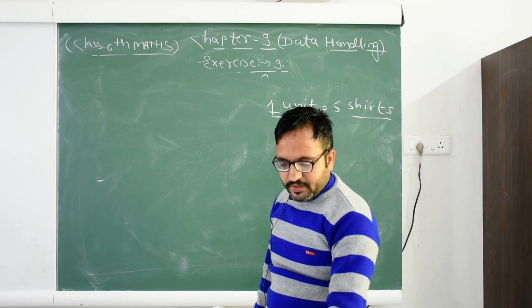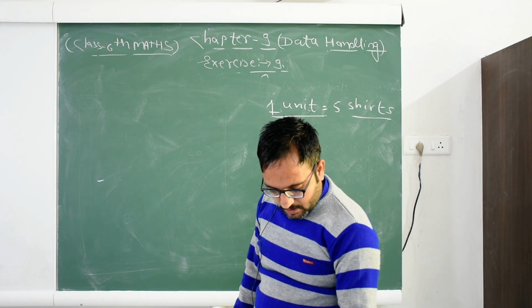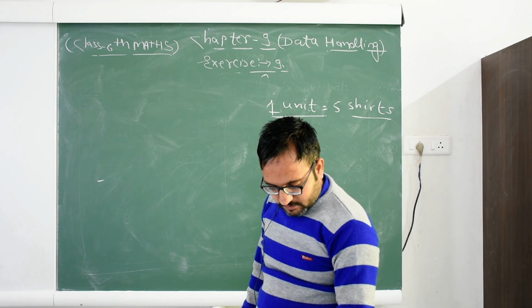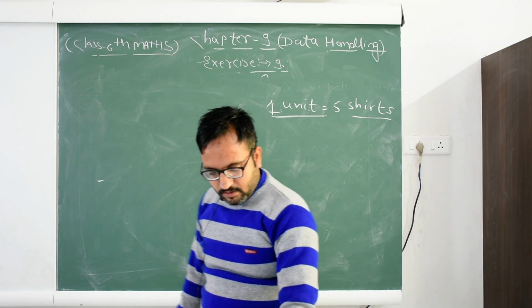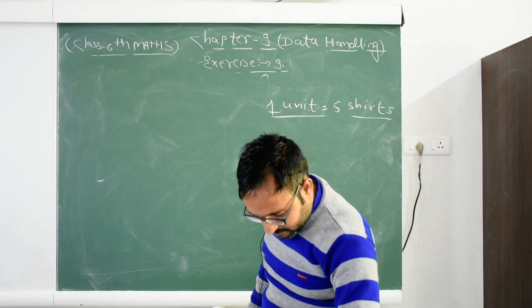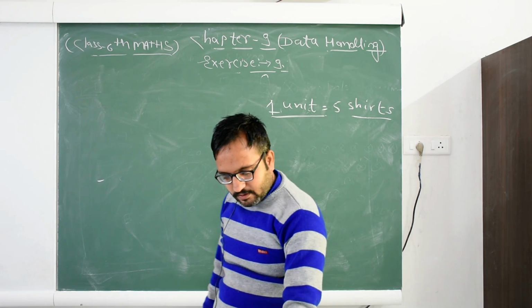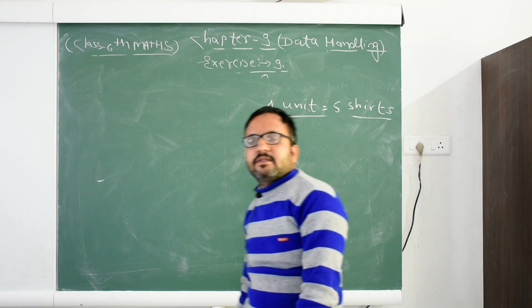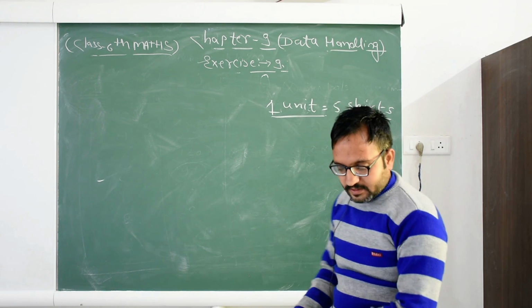Now how many shirts were sold on Thursday? See the bar graph. On Thursday we have only 30 shirts sold. So this is question number 2.